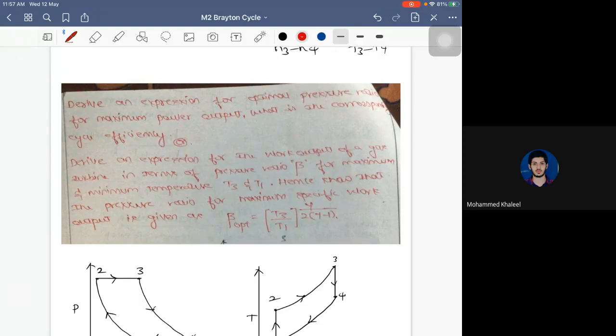Now we shall go with the derivation of the actual Brayton cycle. Okay.